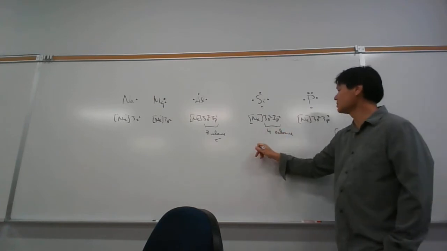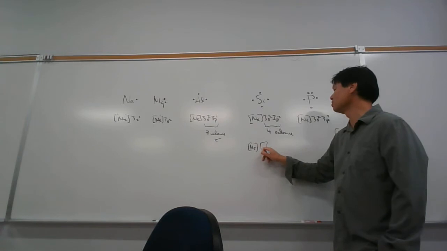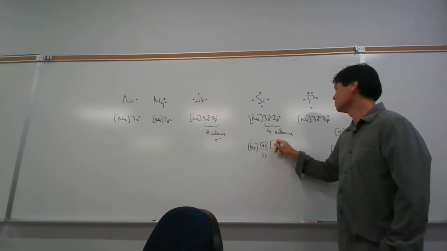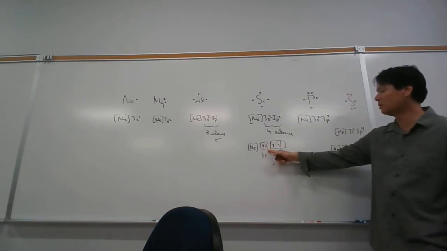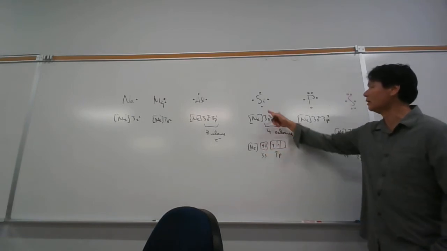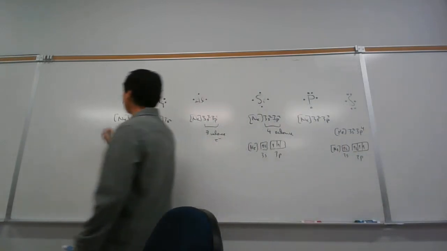In silicon, it wasn't. In silicon, we have neon here, and we'll have the two 3s electrons, which are paired, plus the two 3p electrons, which would be unpaired. And so here I have one paired, two unpaired, or two singles. And when I draw the Lewis symbol, these are called Lewis symbols, we draw three singles.